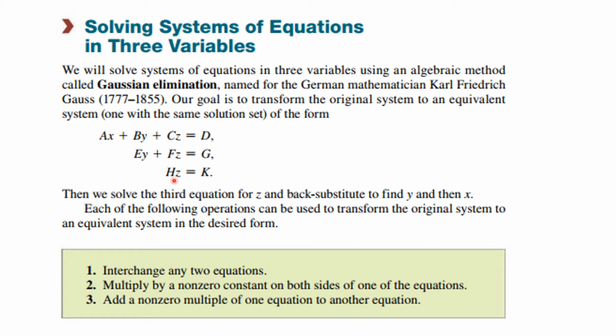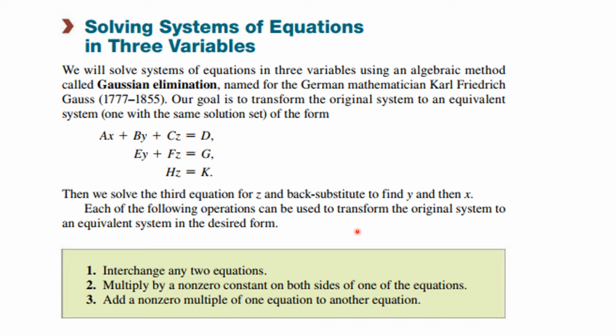Now you see, this is a simple equation because we just divide both sides by h and we solve for z. Then we can take that value for z and substitute in this equation. That becomes a number, and then we can solve for y, and then we substitute the values for z and y into the first equation, and we solve for x. So that enables us to solve the third equation for z, back substitute to find y, and then x.